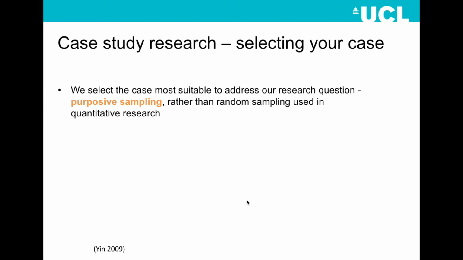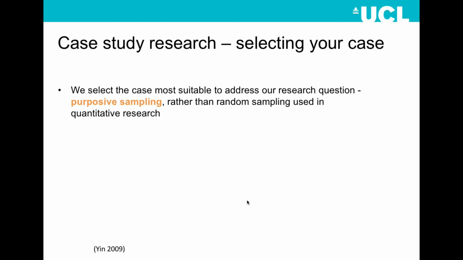So, to summarize, we will be selecting the case which is most suitable to address our research question. It means a case that fits with our research question and that, from our understanding, we consider is accurate to provide an answer to our research question.